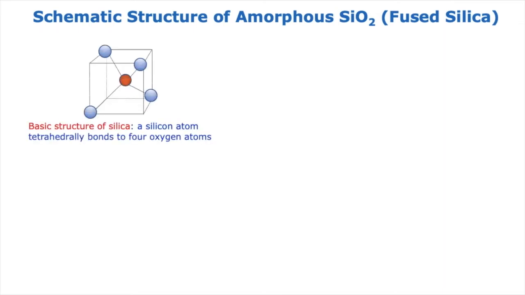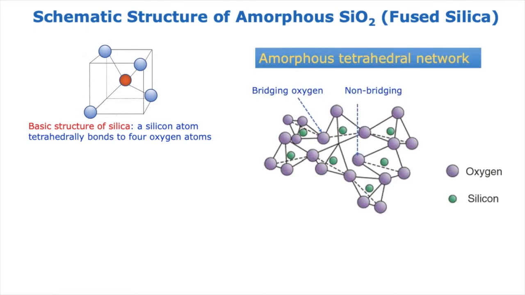If you look at the basic structure of silica, it essentially contains one silicon atom and four oxygen atoms, and they make a tetrahedral structure. Now this small silica unit makes the amorphous silicon dioxide.